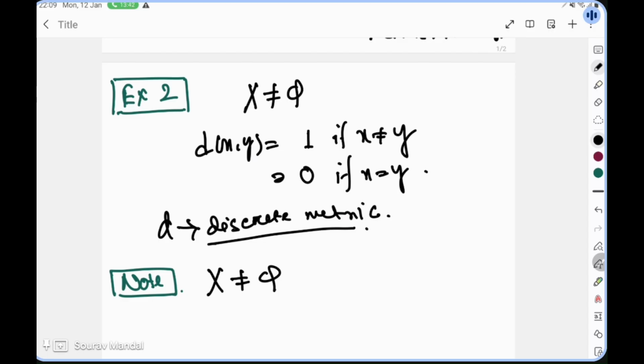So how many metrics can you define? I guess infinitely many, because if d is a metric on X, then kd is also a metric on X, where k is a non-negative real number.